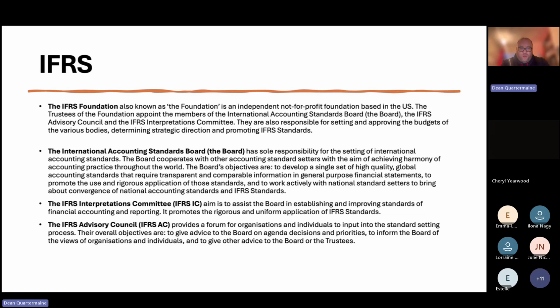Now, one thing that's not on there, but there is almost the talk of the IFRS community, is a sustainability board. So IFRS have very recently set up a sustainability accounting board, looking at bringing around standards on how businesses should report on sustainability.